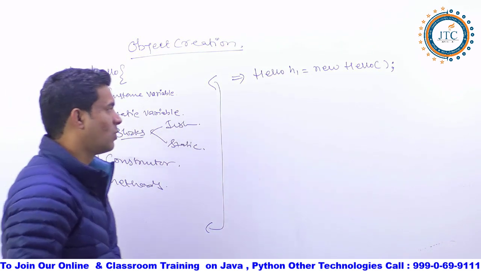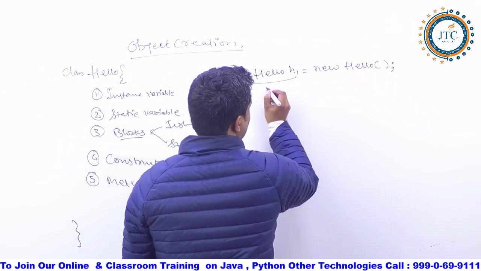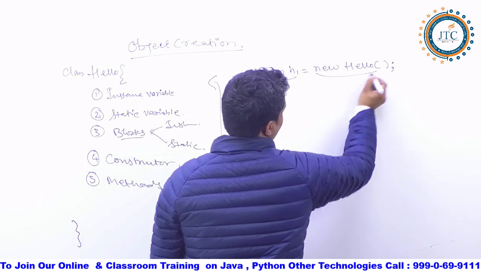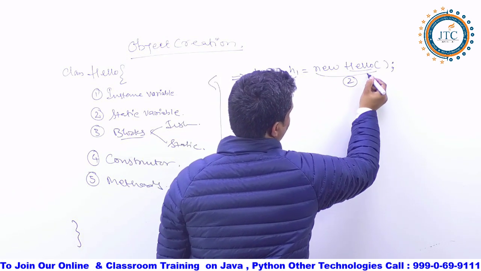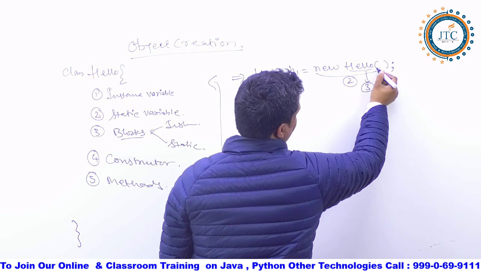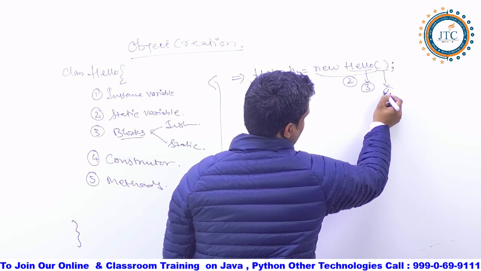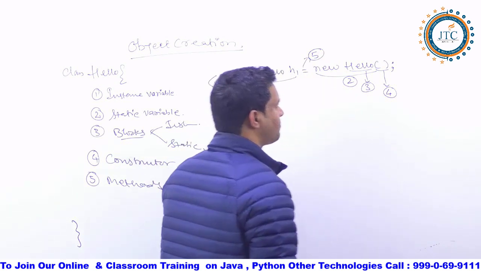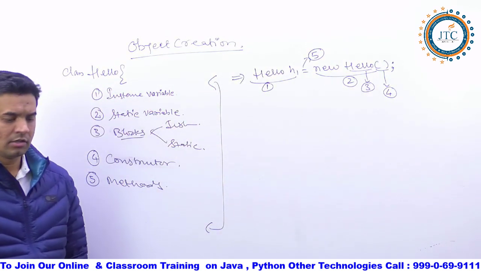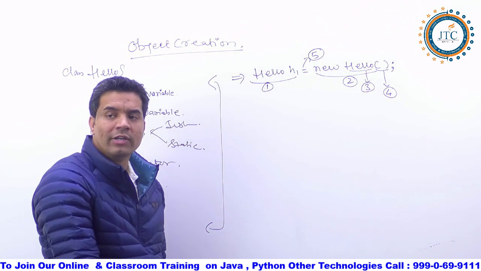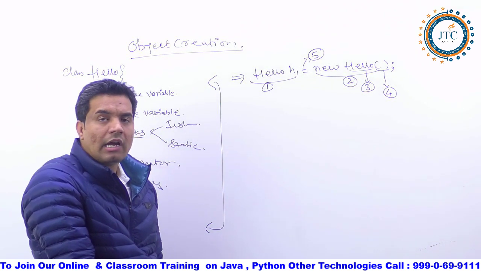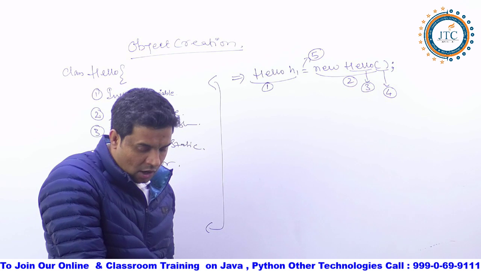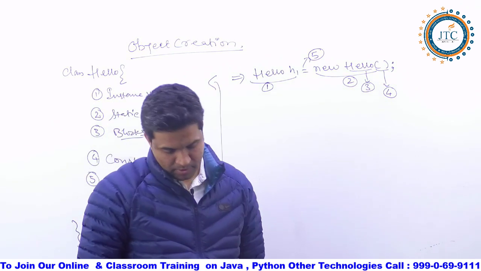Now when you are writing this one object, there are five steps: first, second, third, fourth and fifth. These are the following things which it is performing internally.